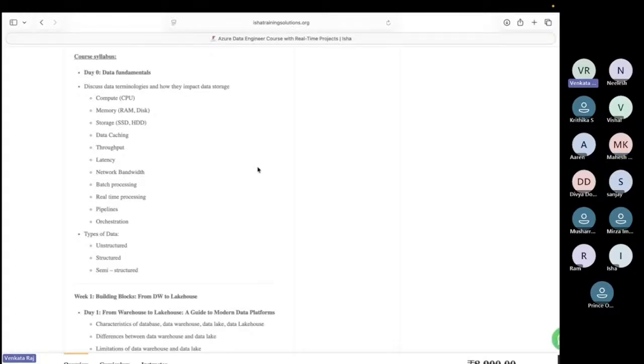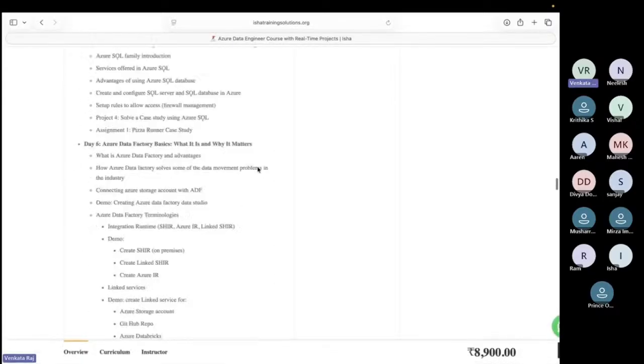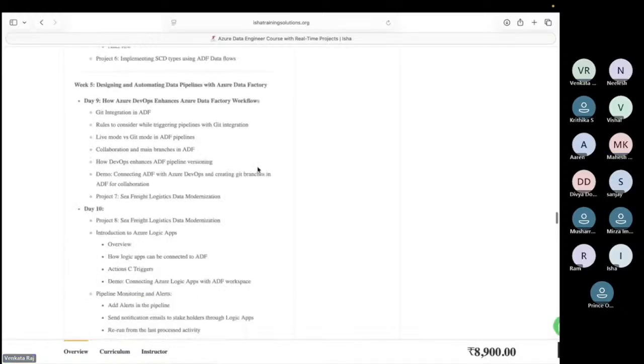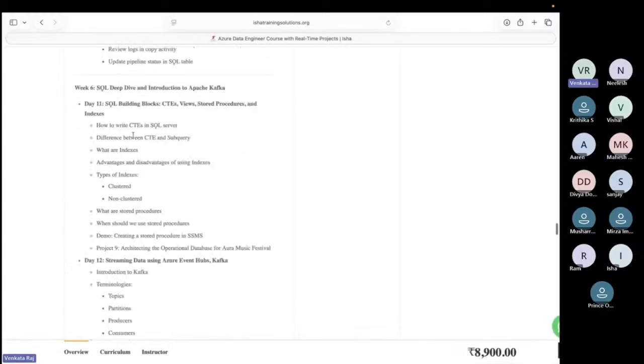Again, like windows functions, CTE, stored procedures, anyway, these will be needed, right? Yes, that will be part of this course. Let me show it. If you see here, we have CTEs, indexes, and stored procedures.